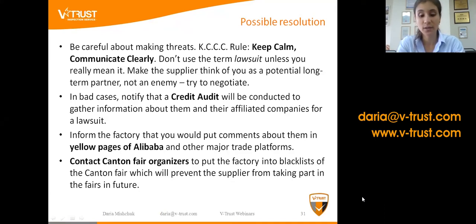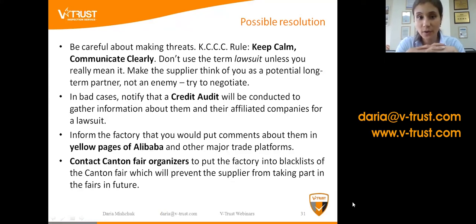If you do not, then your supplier might literally understand you and take some precaution steps to guarantee that the business will not be affected by this lawsuit.